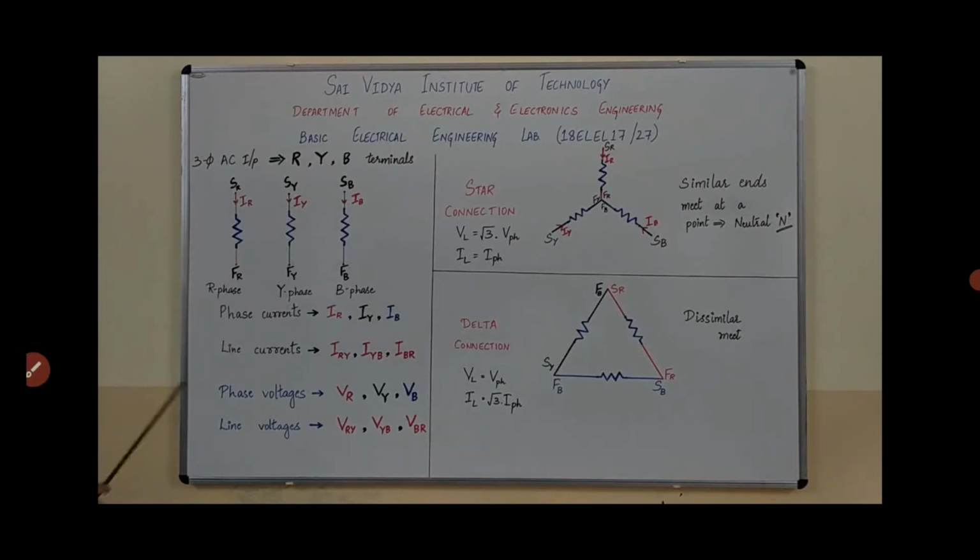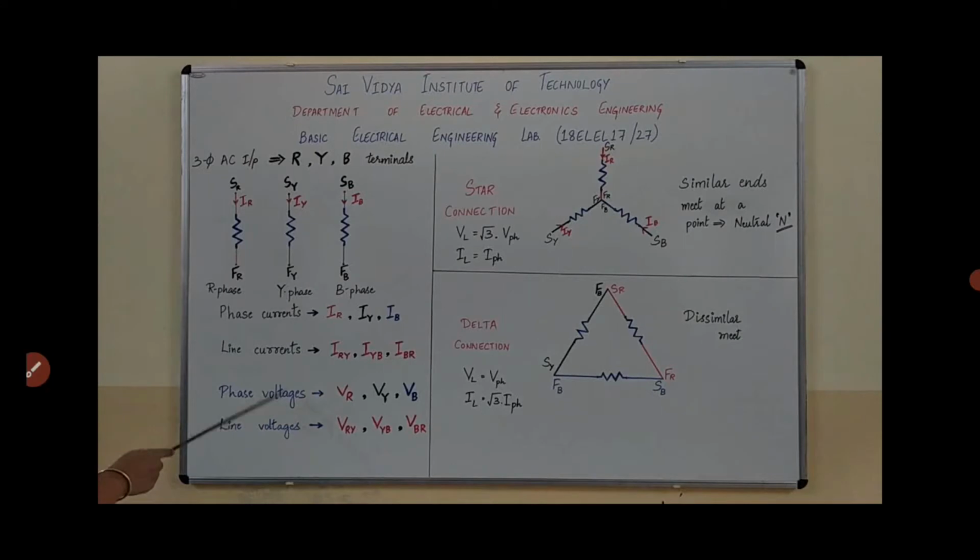Then the phase currents are indicated as IR, IY and IB. Then the line currents between the terminals R, Y and B are indicated as IRY, IYB and IBR.